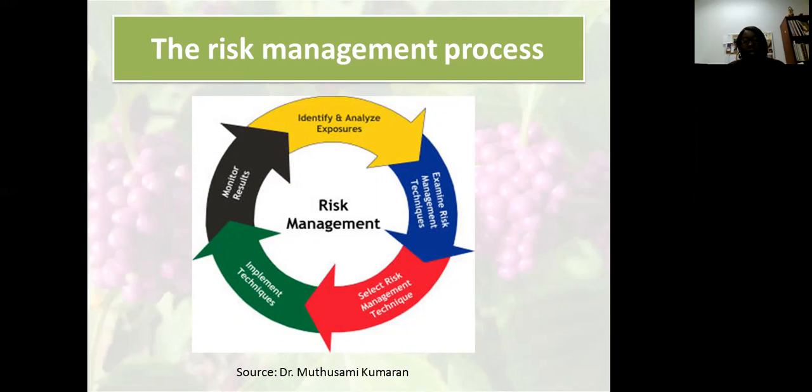And then you select a risk management technique, and after you select the technique that you're going to use, then you implement it. So you decide, here's what we're going to do to mitigate that risk. And then you monitor for results, and the cycle repeats itself.